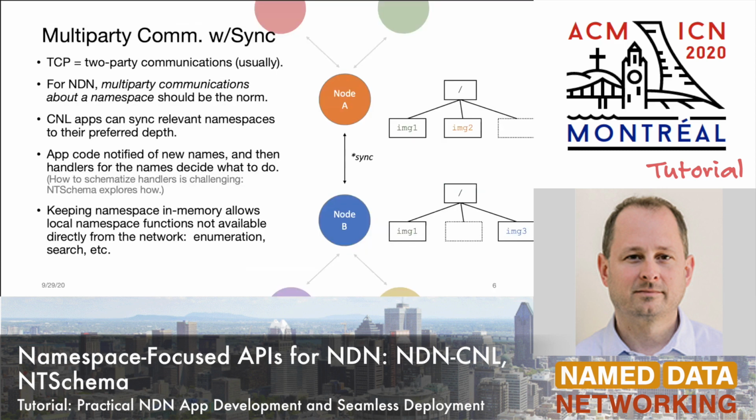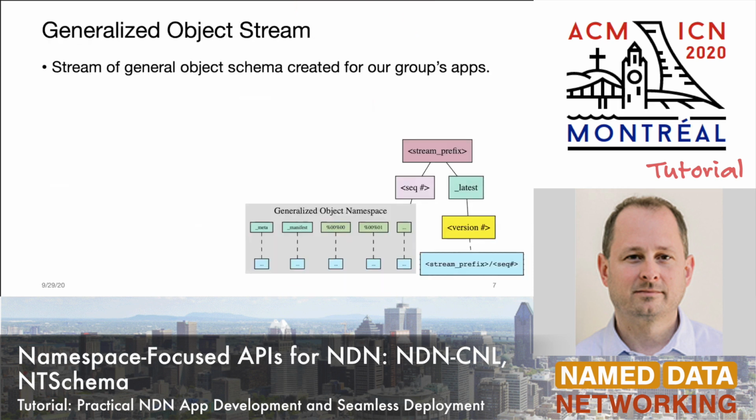I should clarify that when I'm talking about sync here, I'm not necessarily talking about using pub sub on a prefix. In particular, that might be a specific handler attached to a prefix. Here I'm talking about a more general use of sync within the library to maintain a picture of a high level or general prefix that may or may not really be following a pub sub paradigm.